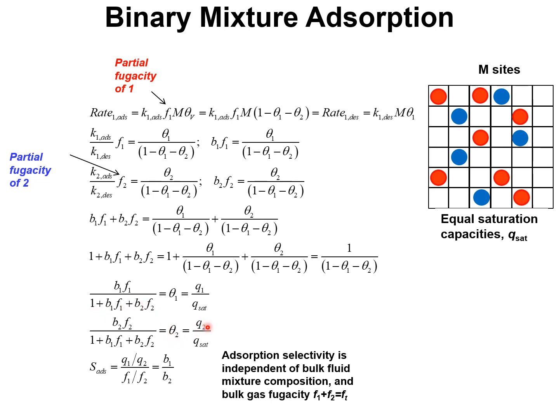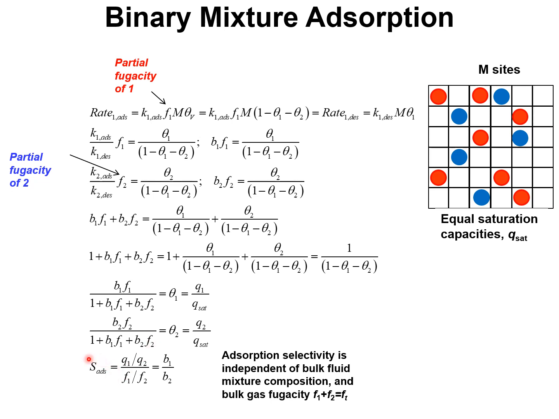Similarly, the fractional occupancy of component 2 is the molar loading of component 2 divided by the saturation capacity. This equals B2F2 divided by 1 plus B1F1 plus B2F2.